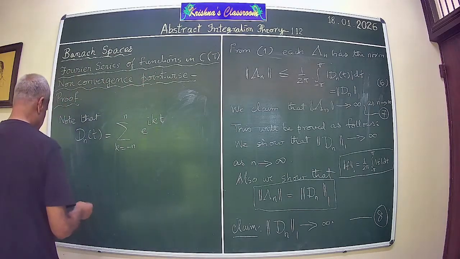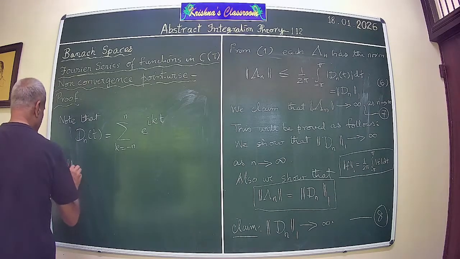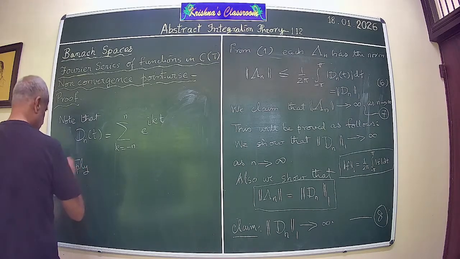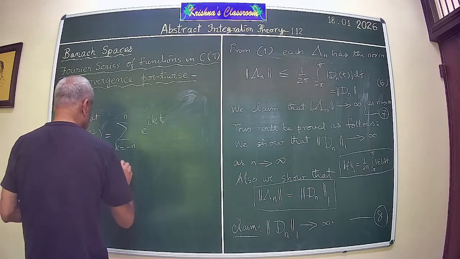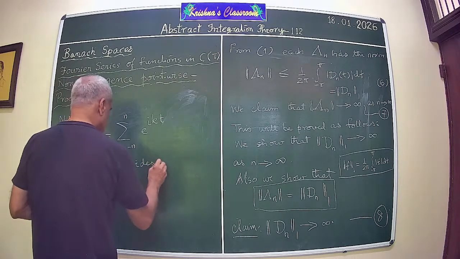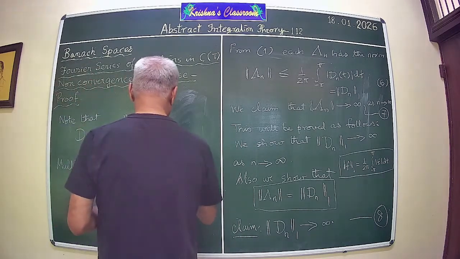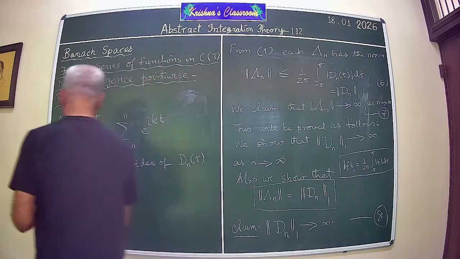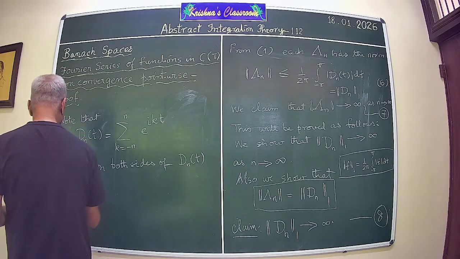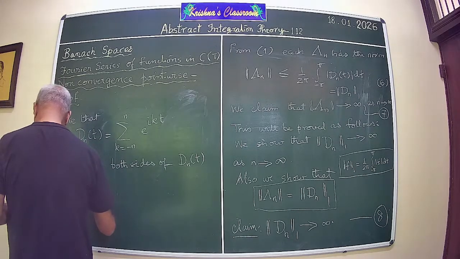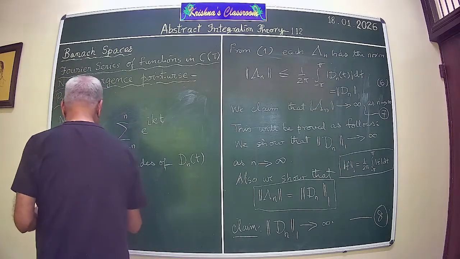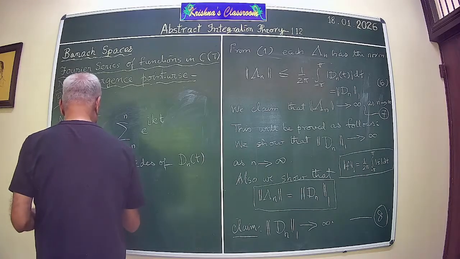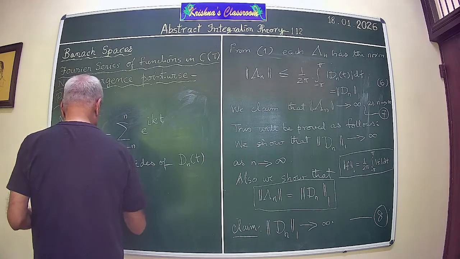Do it by this. Multiply on both sides of DNT by e to the power minus e to the power e by 2 and e to the power I t by 2 and e to the power minus I t by 2 and subtract.